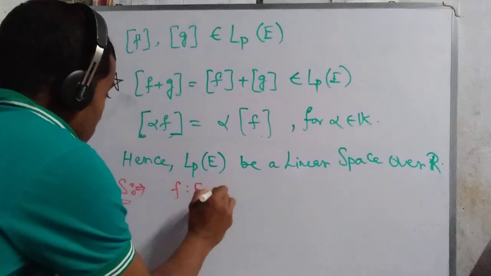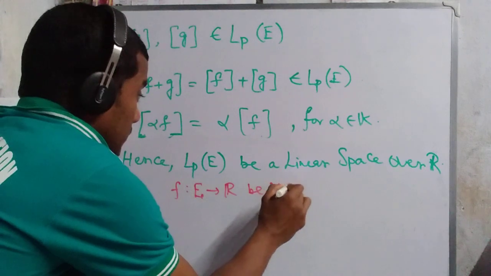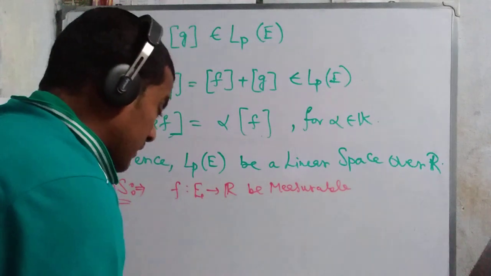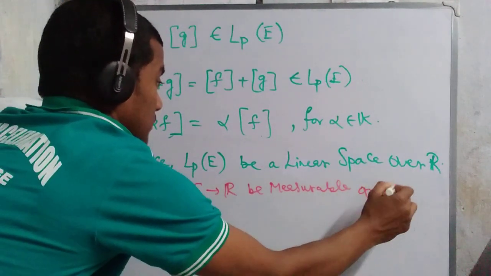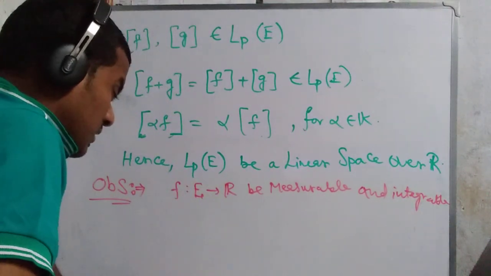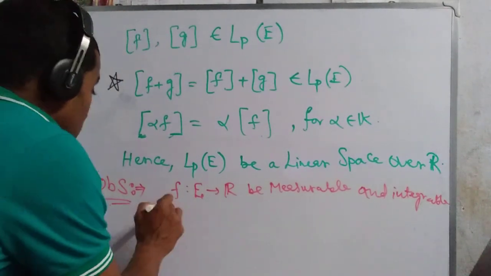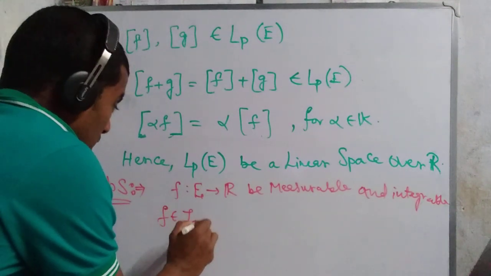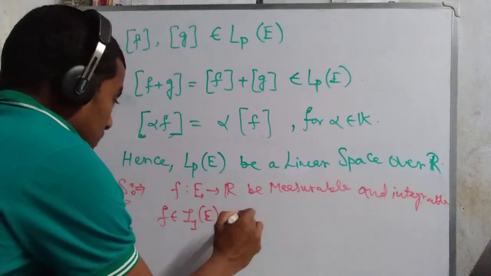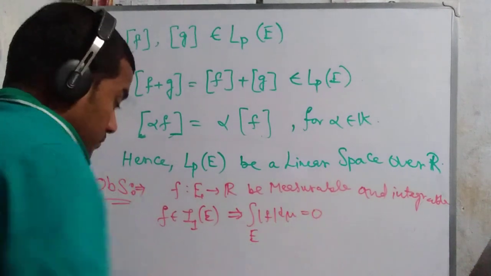If f from E to R is measurable and integrable, and if f belongs to L^1(E), this implies what? This implies the integral over E of mod f d mu equal to 0.